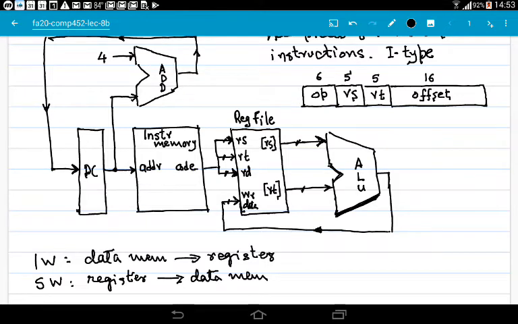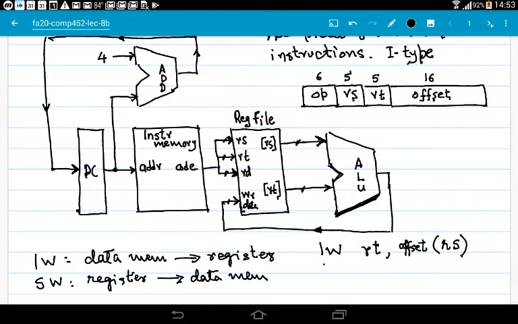Now what is the format? The format is this: load word, then the register which is going to receive the value read from memory, comma, offset, parentheses, RS register.